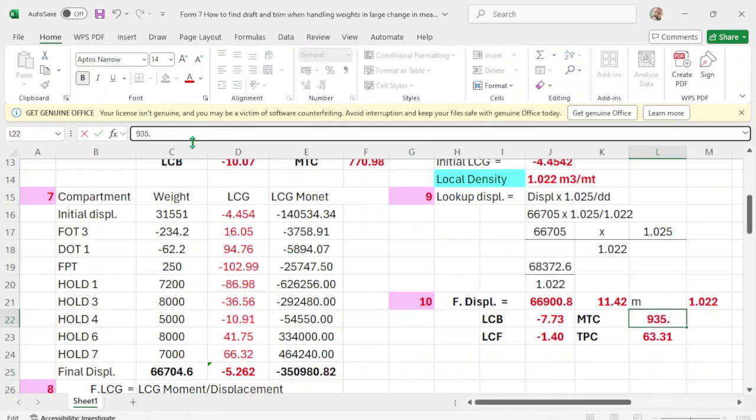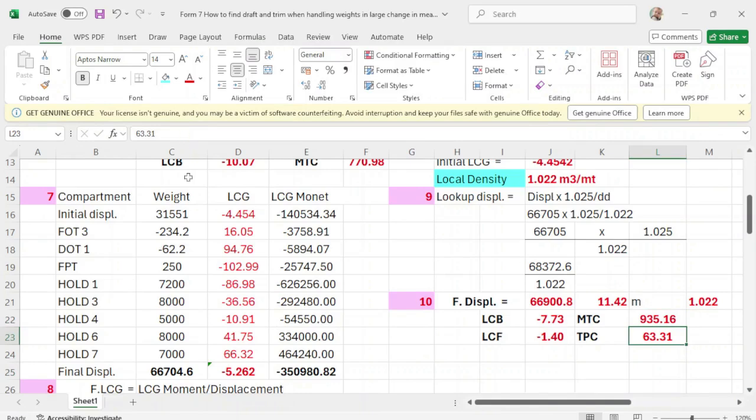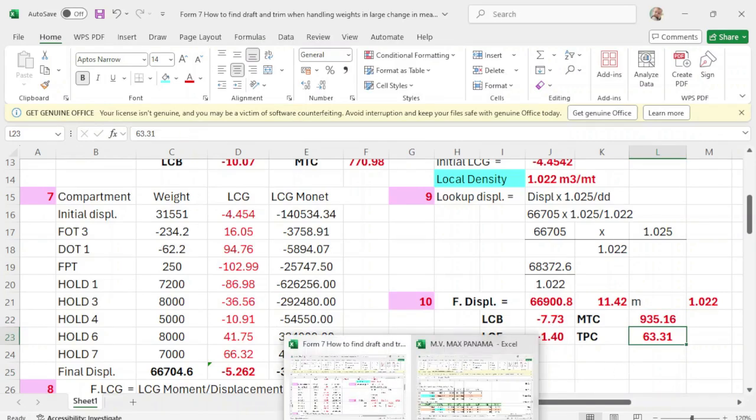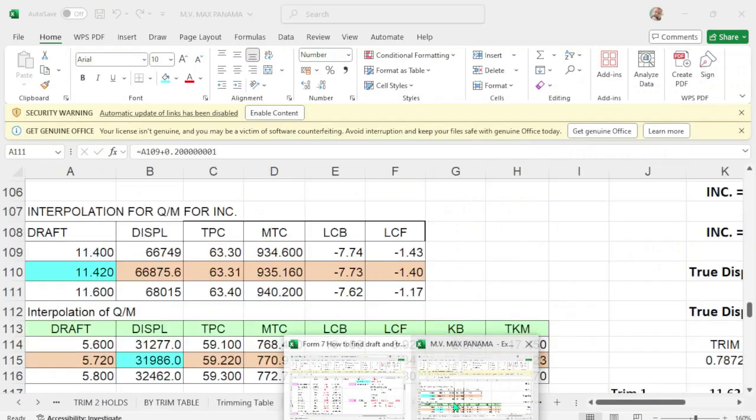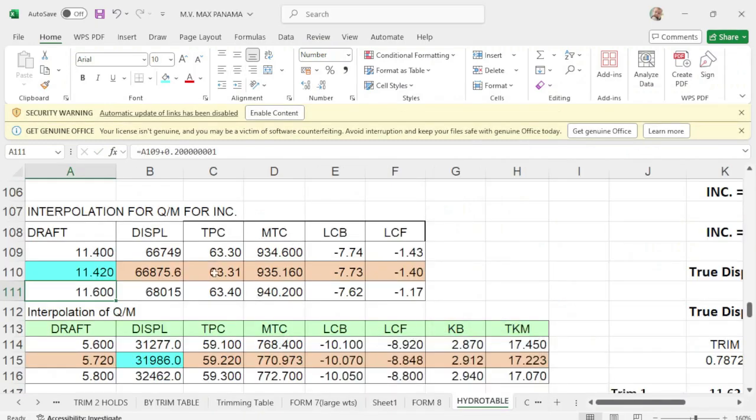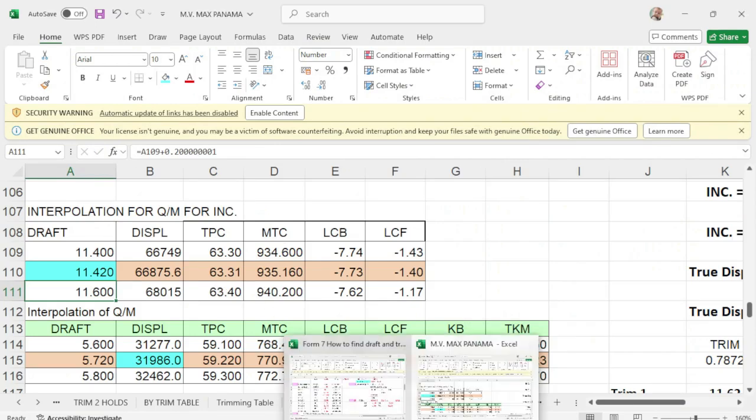Okay, TPC is 6331. TPC is 6331. Okay, now we check the program.